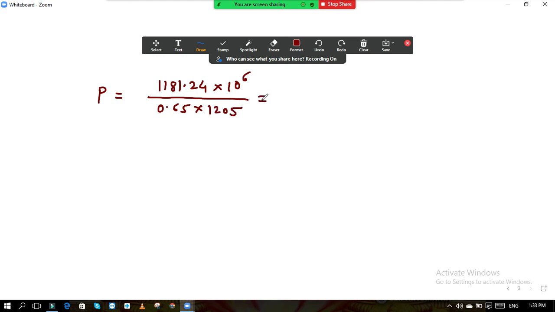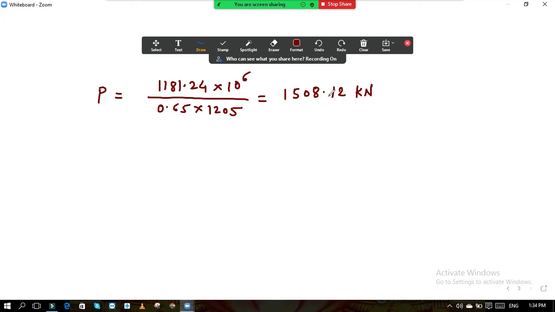So we will get the value of this force, 1508.12 kilonewton. This is the value of force which we got right now. This is our approximate prestressing force.